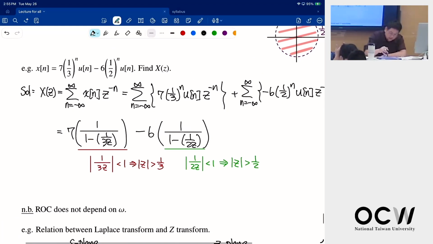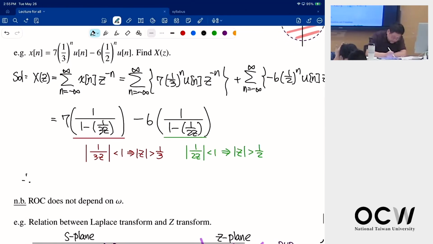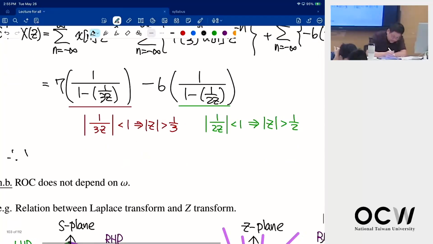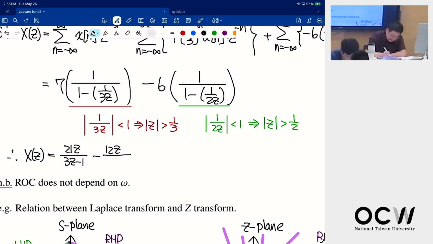Therefore, the z transform is 21z over 3z minus 1, minus 12z over 2z minus 1. Okay, then what is the region of convergence?